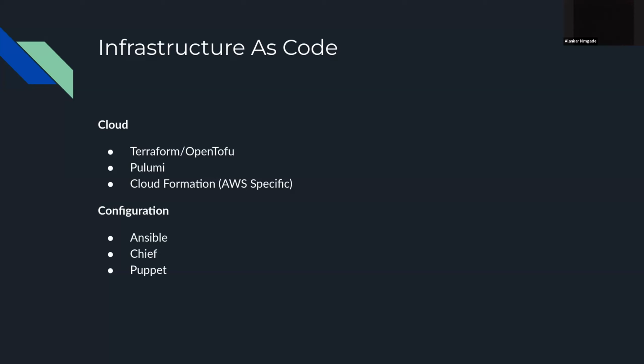There should be no ClickOps: you should not be going through the dashboard, clicking on things and creating resources. Whatever you do should be documented in code, so other people can collaborate on it and understand how everything is configured. For that purpose, you need infrastructure as code.